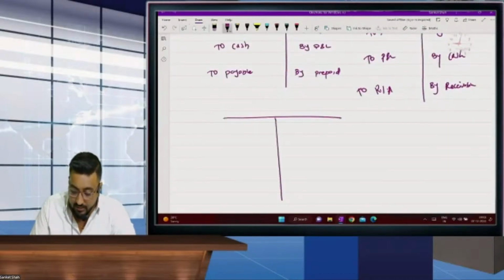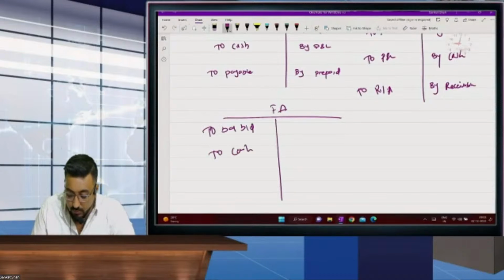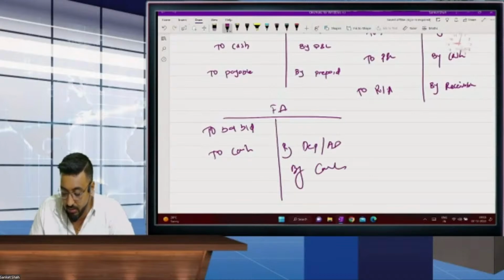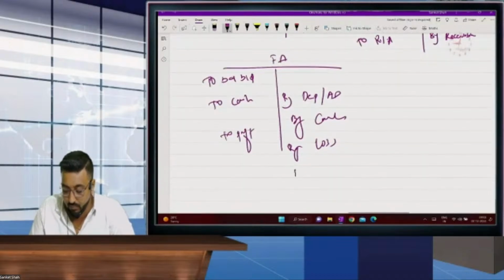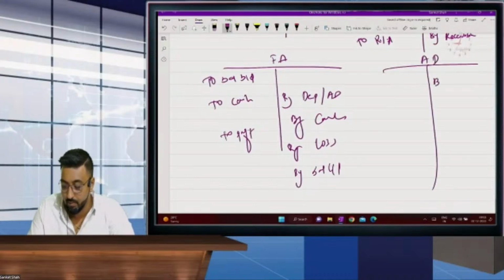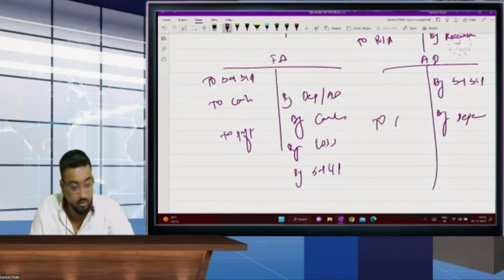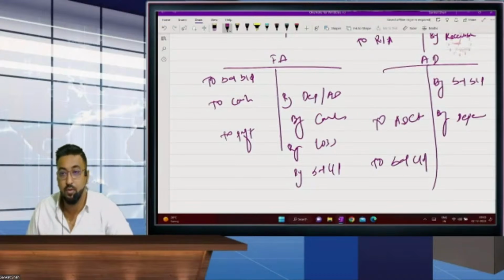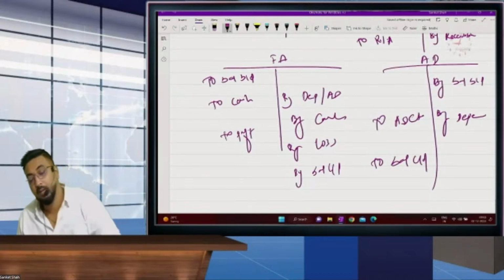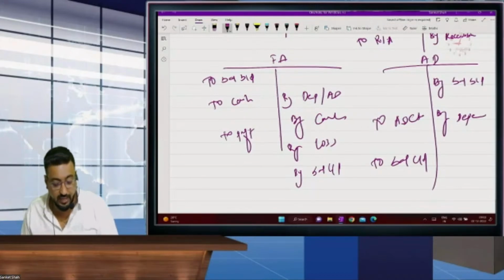Expenses, fixed asset, debit plus, to balance brought down, to cash, by depreciation or accumulated depreciation, by cash, by loss, to profit, by balance brought down, by depreciation, to asset, to balance carried down. So beta, this is AD pro forma. Minimum 4 to 5 times write it.